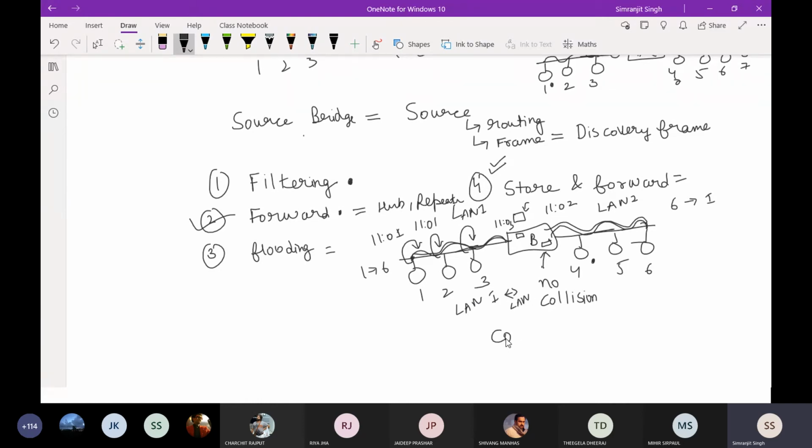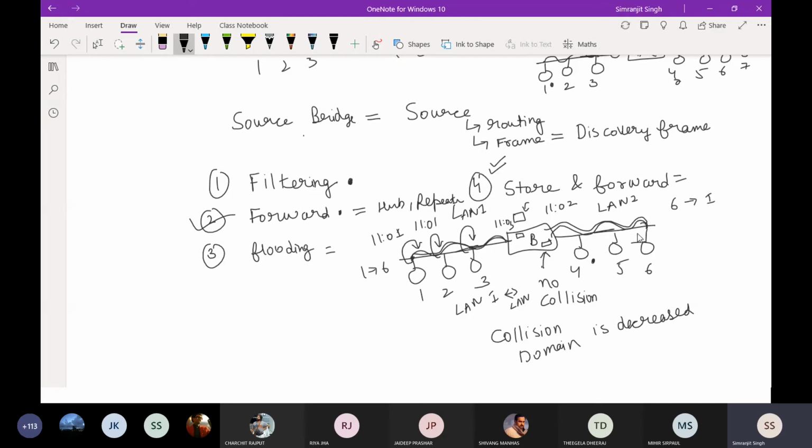I cannot know exactly what the collision domain is, but I definitely know that the collision domain here is decreased. I can definitely say the collision domain is not n, but I cannot say by how much.